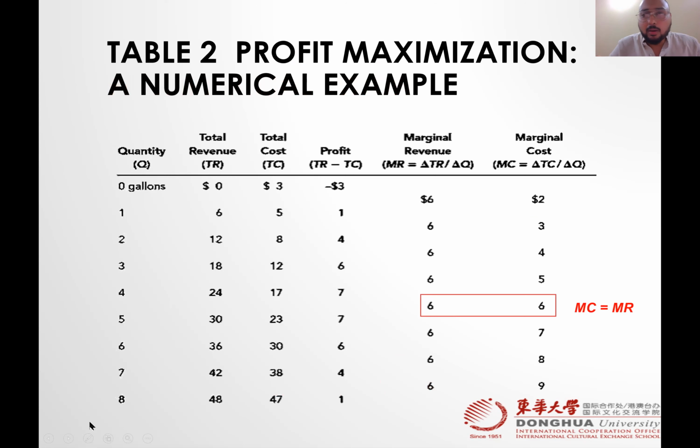When MR is greater than MC, MR is 6, MC is 2. It means by producing more, you can increase your profit, right? Clear?